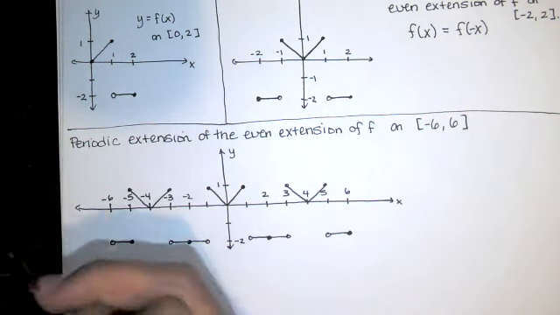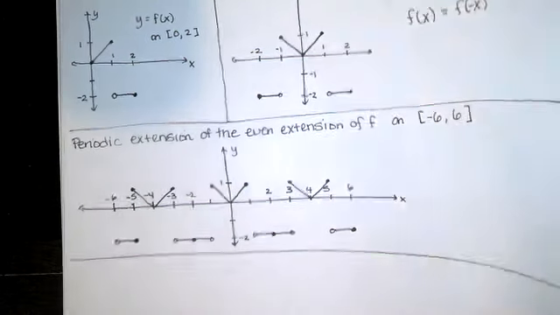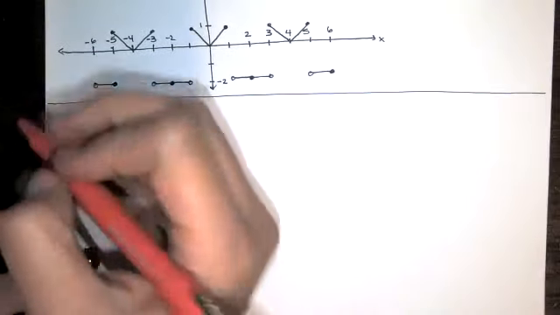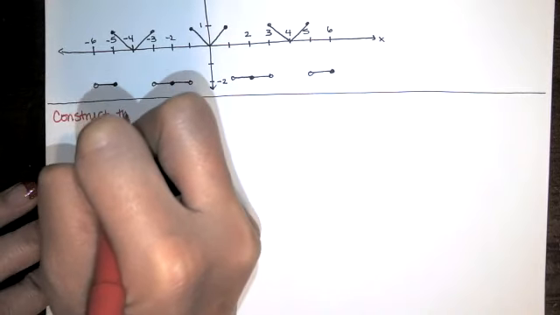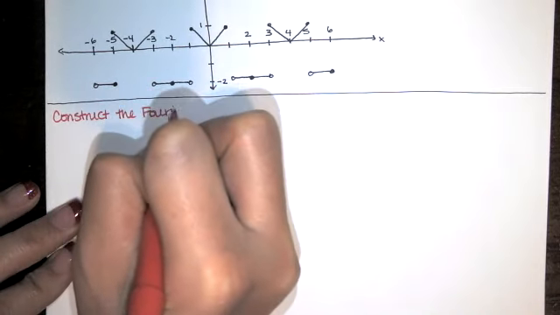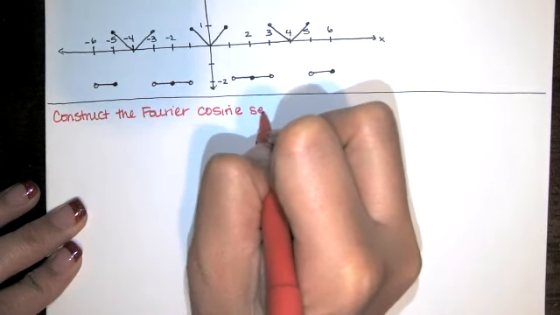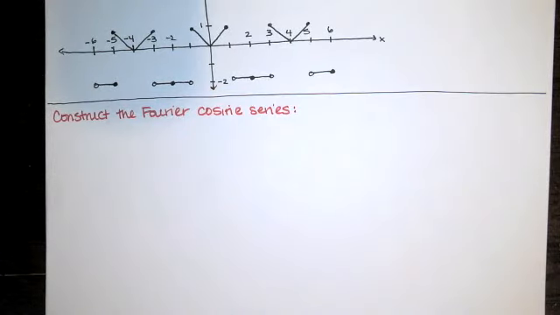Now, if we construct that cosine series from first principles, this is what we get.